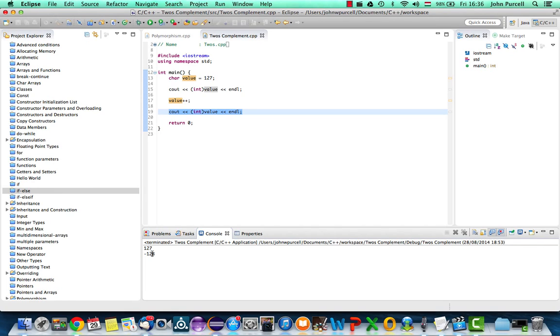And the negative values go from minus 1 to minus 128. So it's because the 0 is taking up a space in this sequence that the maximum positive value is 1 less than you might expect on the basis of the most negative value. And this is the same for all the integer types in C++. I just picked char because it's easy to deal with because it's so small.